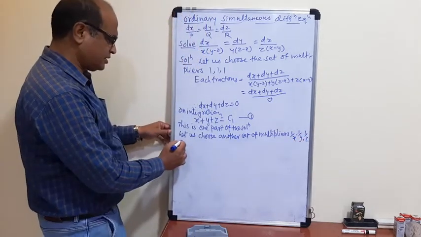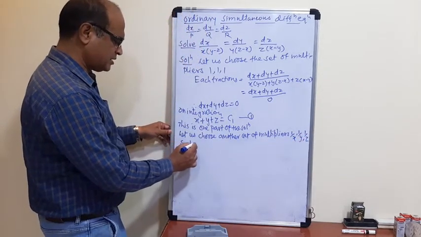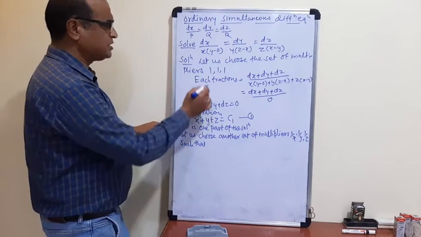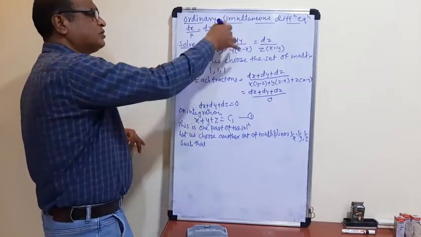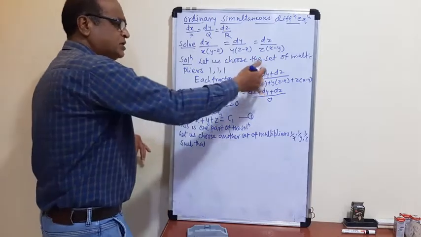So what is each fraction equal to? Each fraction is equal to this fraction, this fraction, and this fraction.